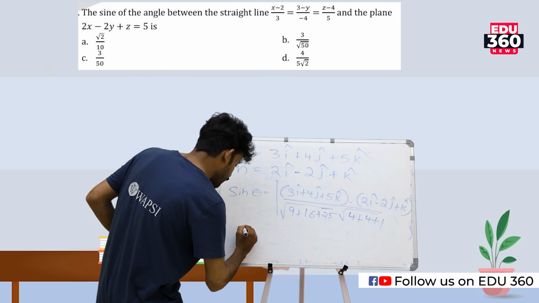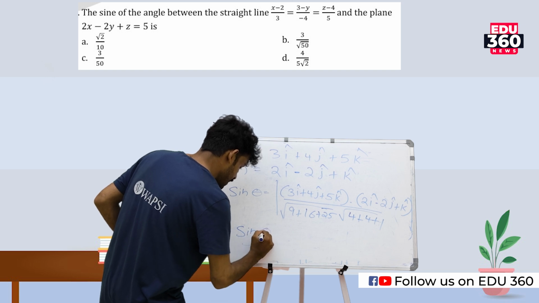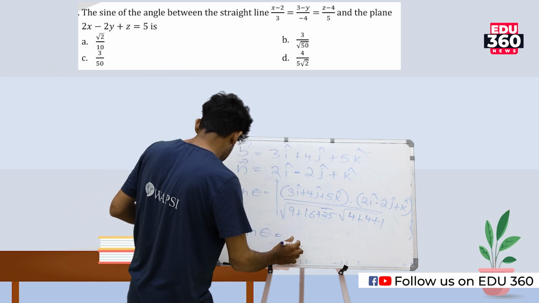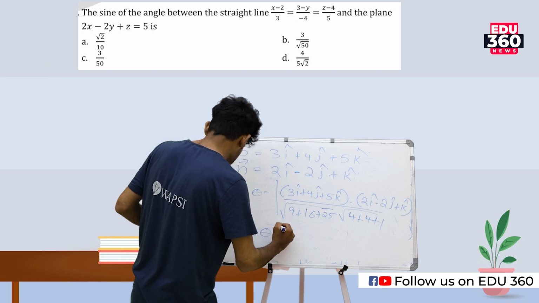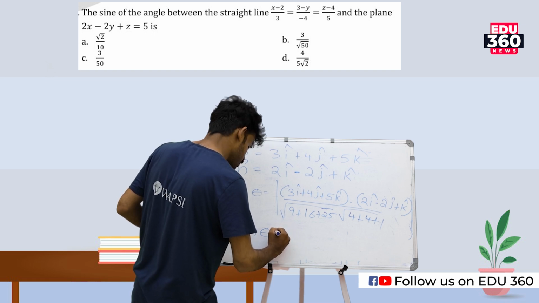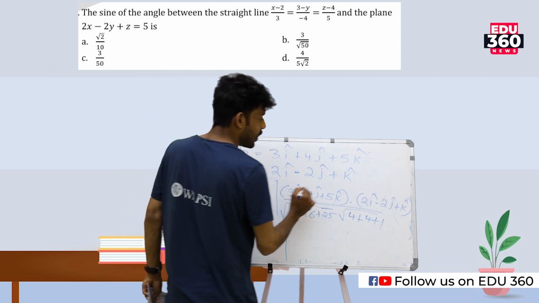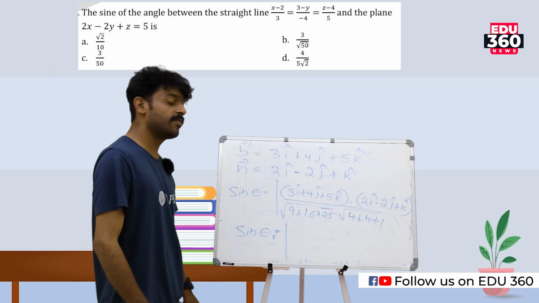In the next step, we can write sine theta is equal to modulus of, look here, just multiply 3 into 2 i cap, 3 into 2, 6.